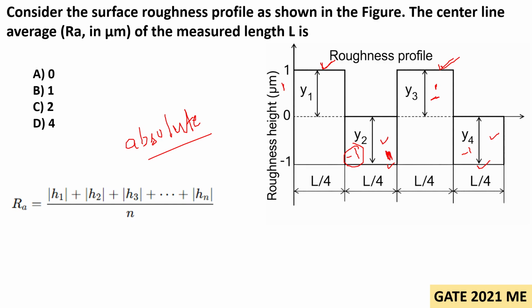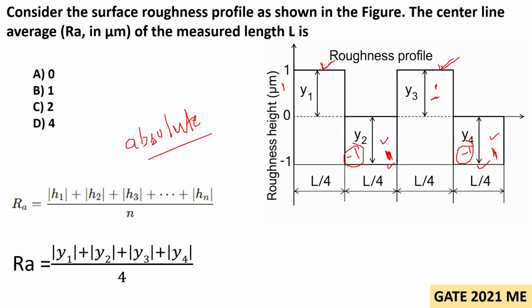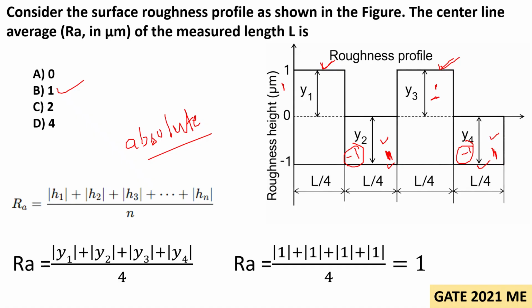So y2 value is 1 and y4 value is also 1. Then Ra will become the summation of y1 plus y2 plus y3 plus y4 divided by 4, and the y1, y2, y3, y4 values are 1. Then Ra equals 4 by 4, which is equal to 1 micron. So option B is the correct answer.